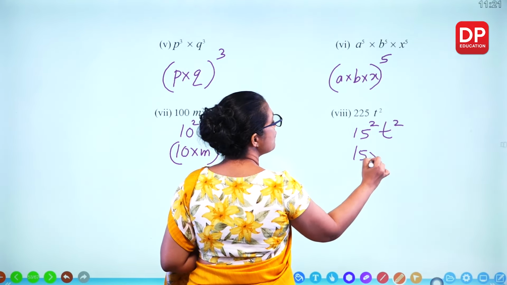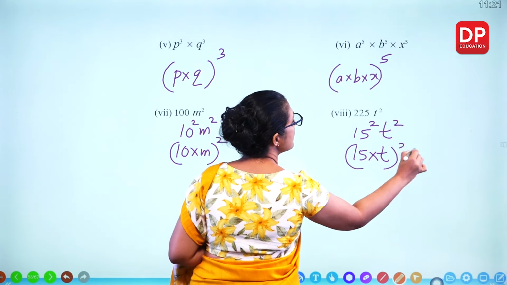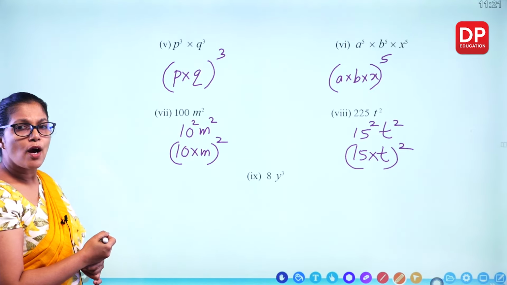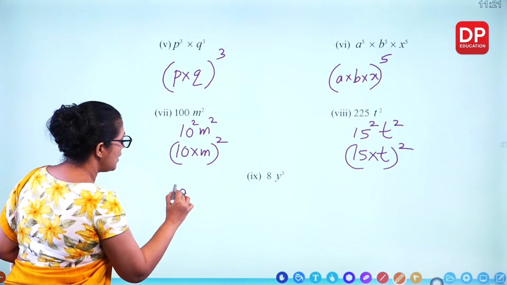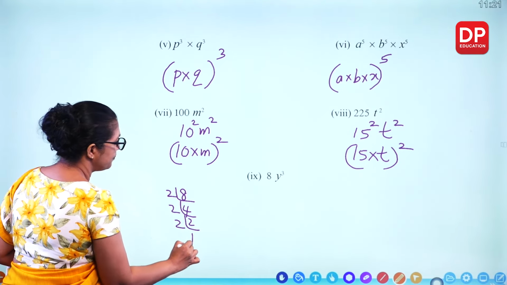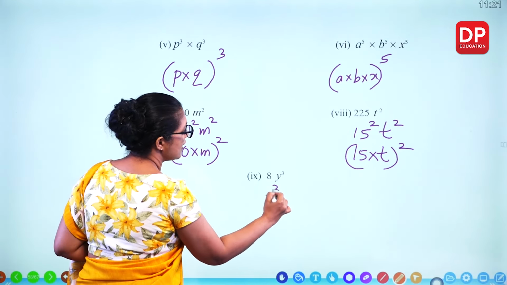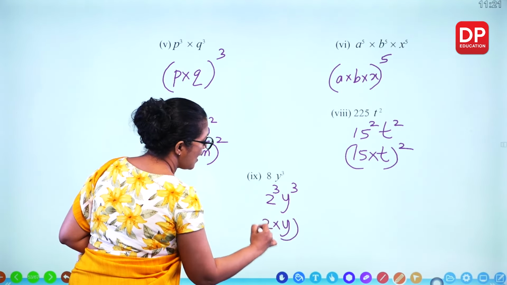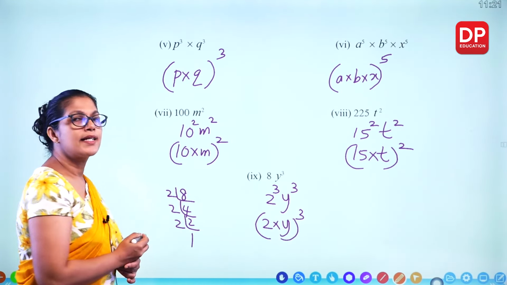You can write 15 and t inside and the power is 2. 8, how can you write? 8 we know, 2 times 2 times 2. 2 to the power 3. And now you can write 2 and y inside. The outside power is 3.